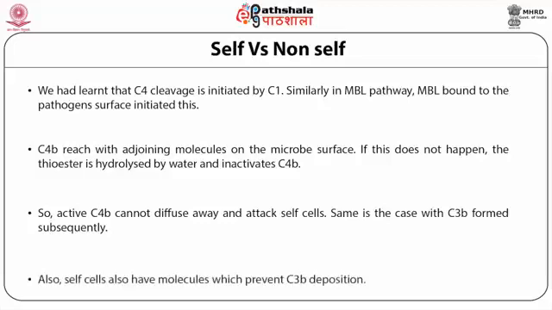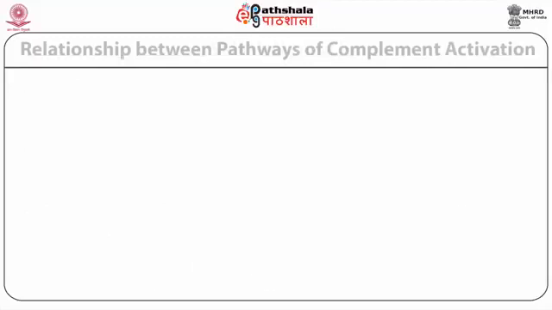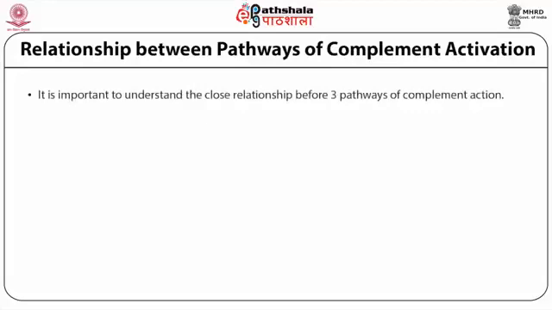Also, cells have molecules which prevent C3b deposition. This is a safeguard so that even in this pathway, the complement activation does not hurt the cells of the host. It is important to understand the close relationship between the three pathways of complement action.